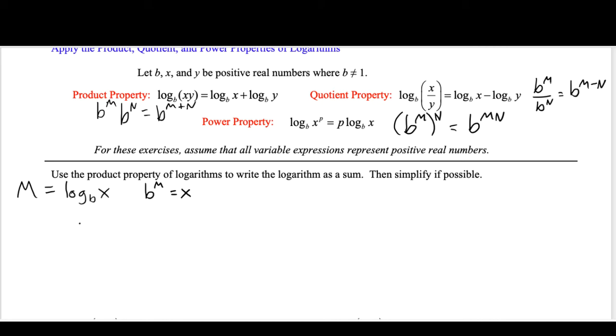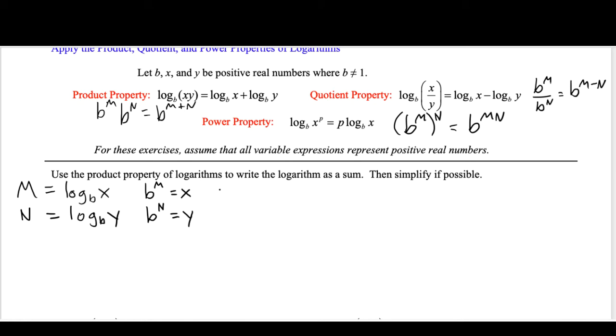Okay. Then if I define another term, which I will call n, defined as log base b of y. In exponential form, this can be written as b raised to the power of n is equal to y.